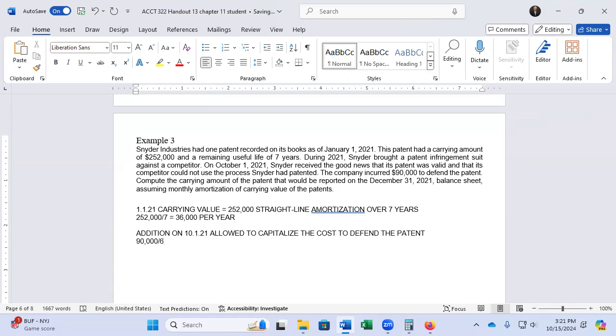So it's 6 years and 3 months, which equals 75 months. 90,000 divided by 75 months equals 1,200 per month.